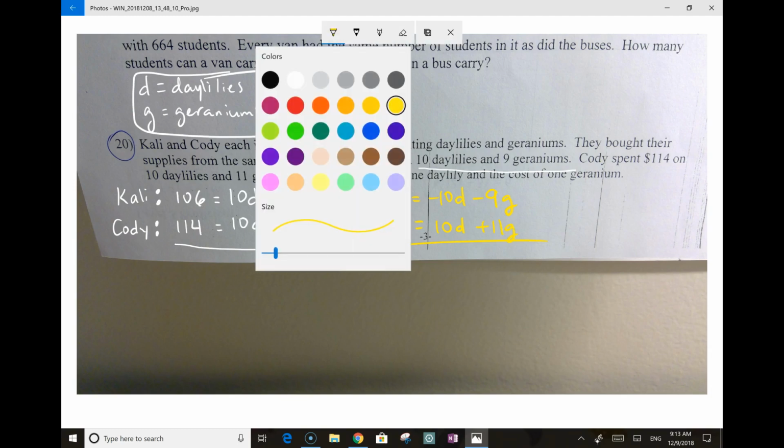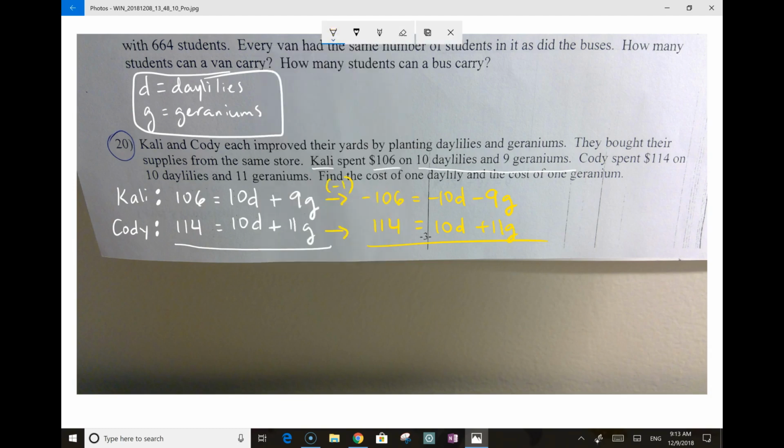Now, as I said before, these are going to eliminate, so they're gone. And this allows me to now combine the other terms that remain behind. So 114 minus 106 would be 8, and 11G minus 9G would be 2G.